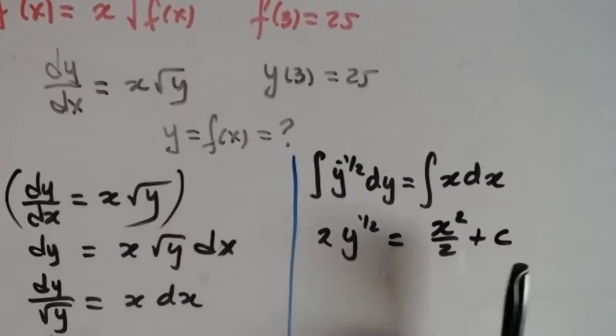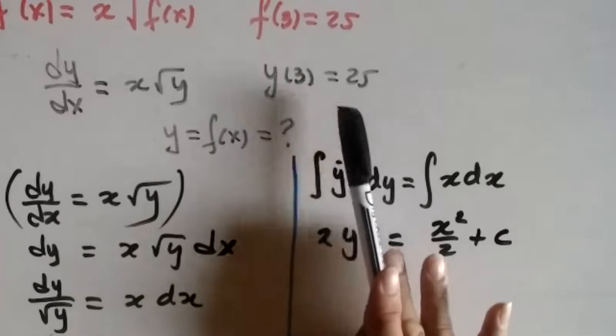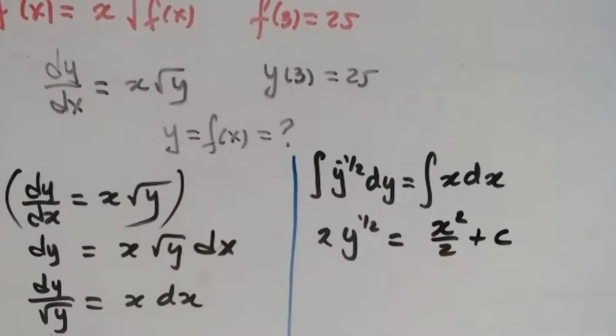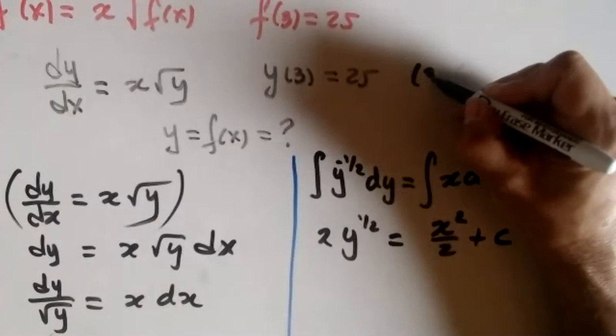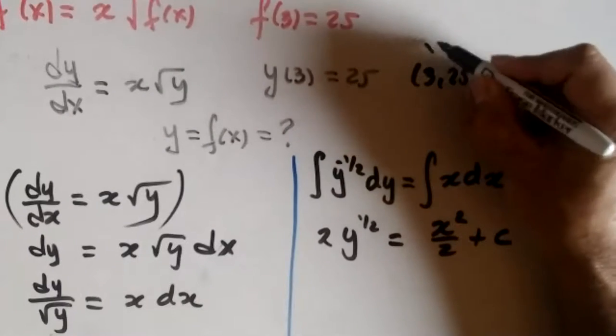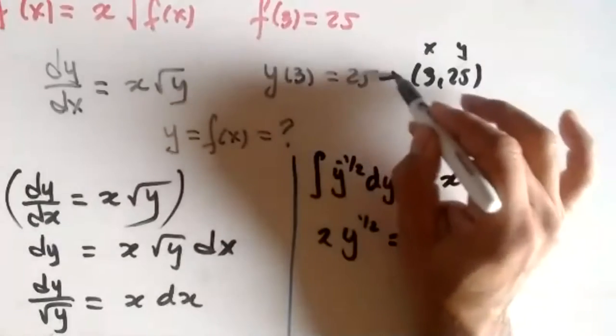Now, what is next? Solve for c, using the point. Plug in. The point is 3, 25. So this is the x, this is the y, correct? That is what this condition means.